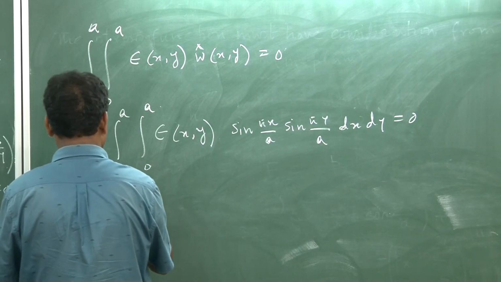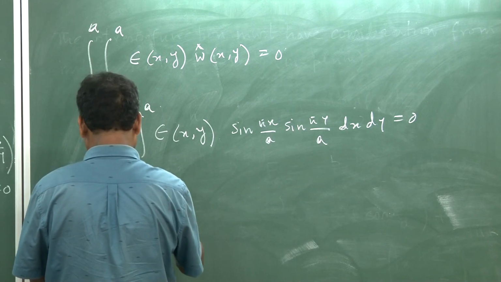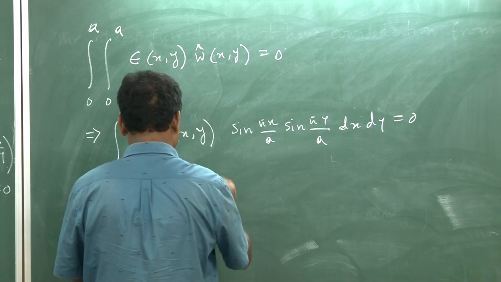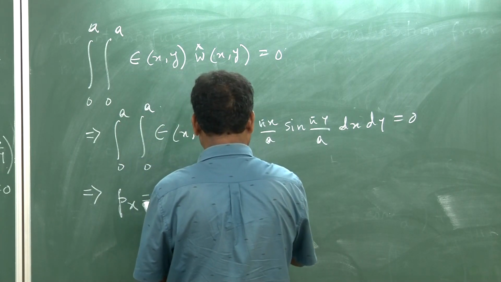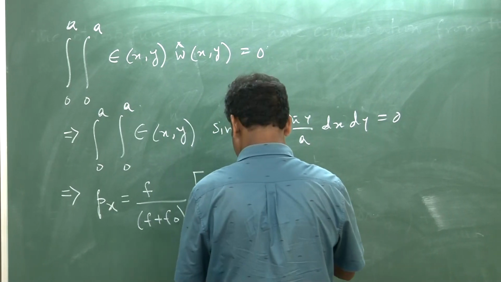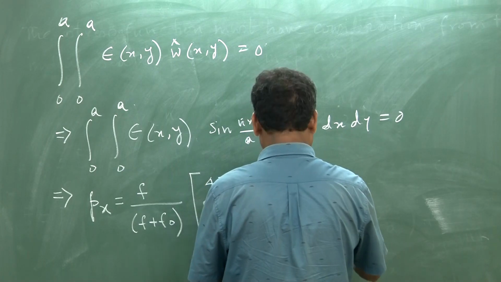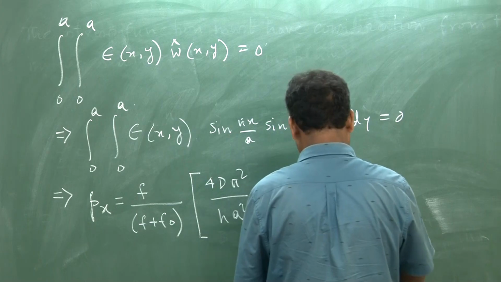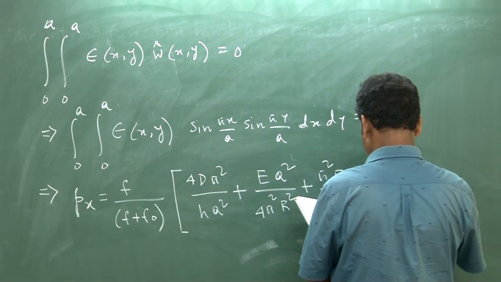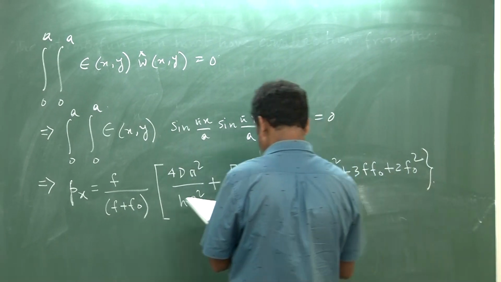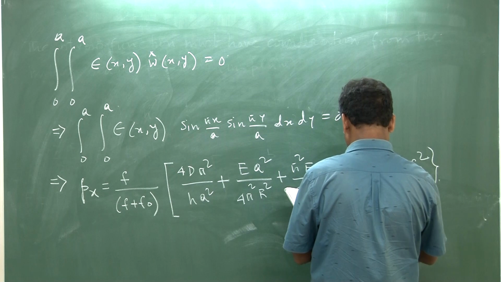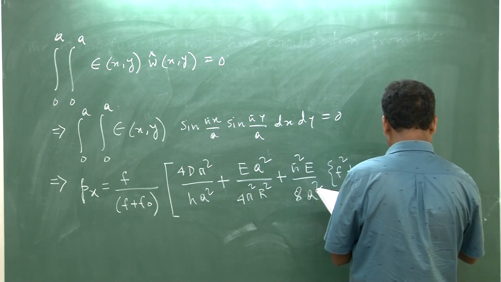So, from here the unknown is Px, and I am just writing the expression: Px equals a term in f and f plus f0, and then 4 D pi square by h square plus E square divided by 4 pi square R square plus pi square E divided by 8 a square f square (3f f0 plus 2 f0 square) minus 4E divided by pi square R (5 by 6 f plus f0).